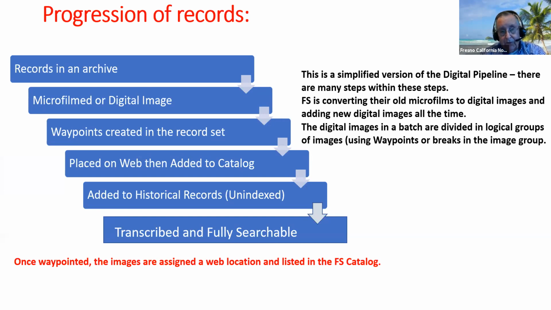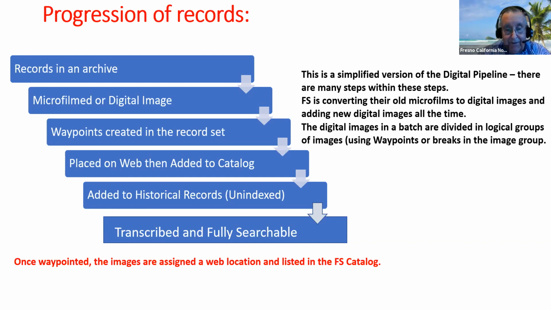And waypoints are just bookmarks or tabs that are put into all these images in a record set so that they're divided into logical groupings. It could be a volume or a year or something like that.